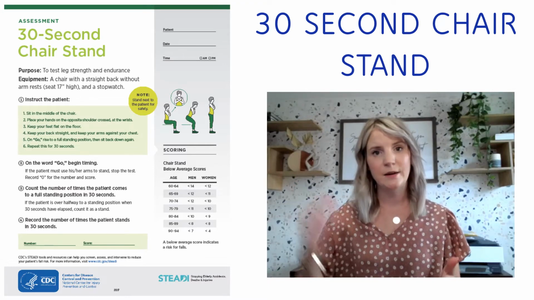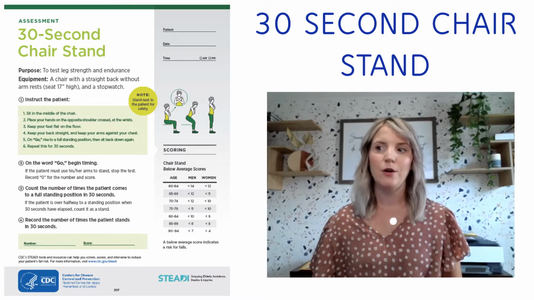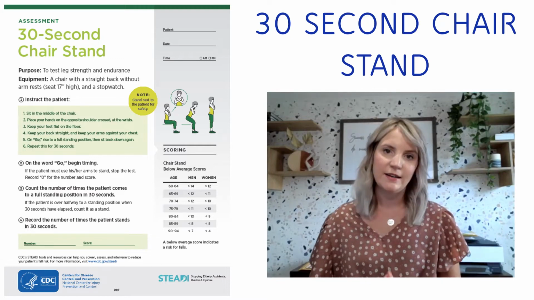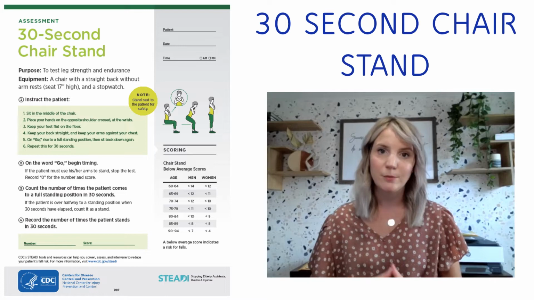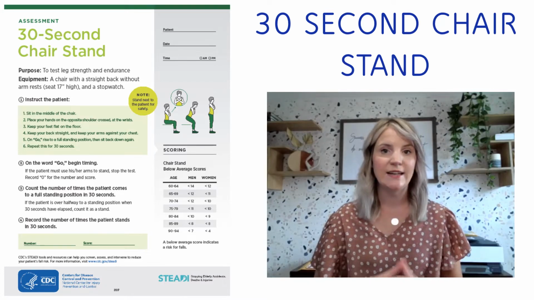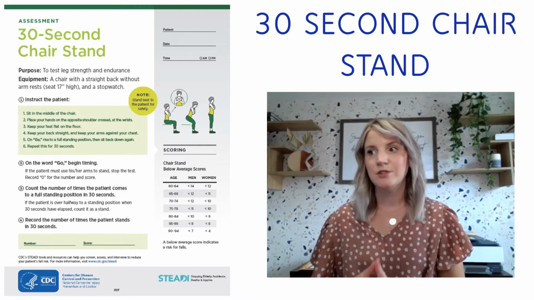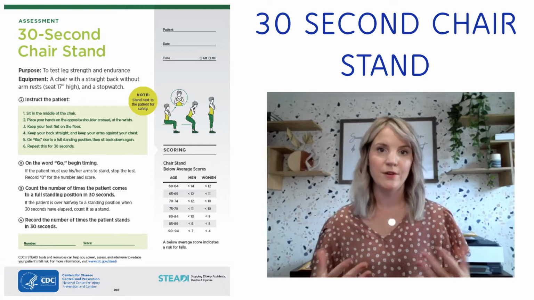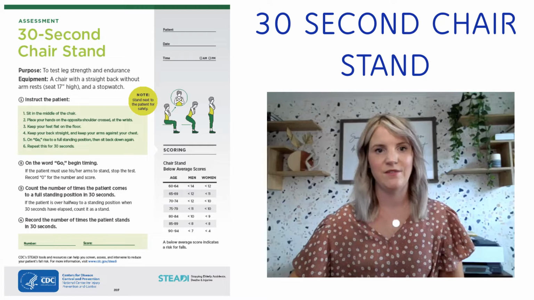As we age, that number goes down. So a male between the ages of 90 and 94 should be able to do 7 or more of the sit to stands. And a woman of the same age between 90 and 94 should be able to do 4 or more of those reps. So let's take a look at the video.